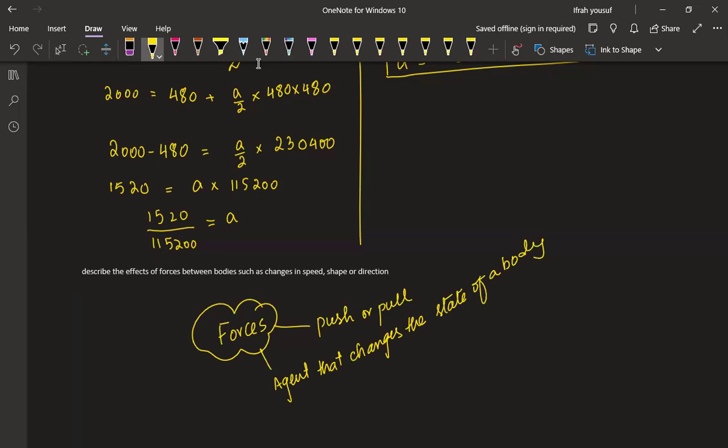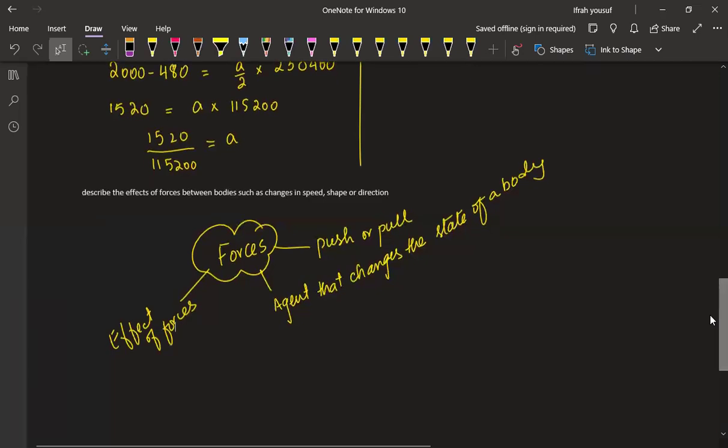So the effects of forces could be change of shape, speed, direction.